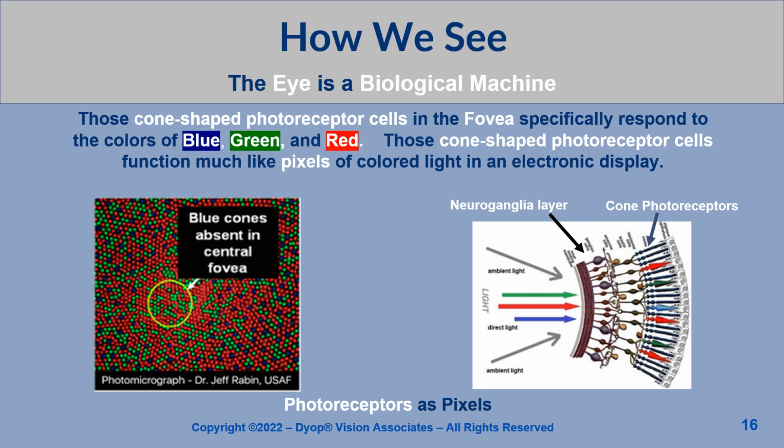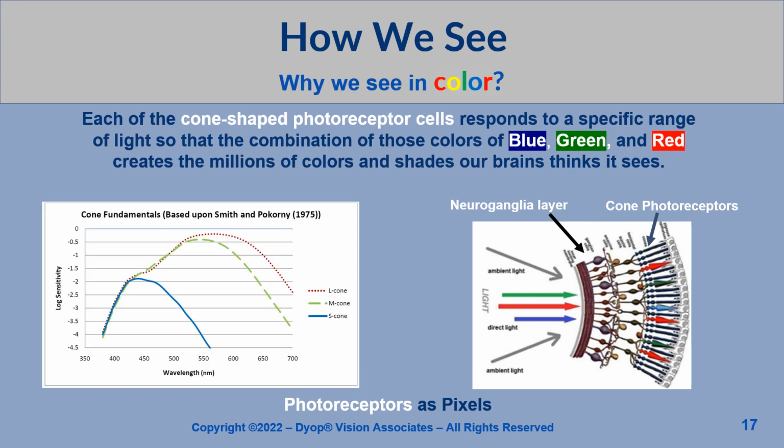Those cone-shaped photoreceptor cells function much like pixels of colored light in an electronic display. Each of the cone-shaped photoreceptor cells responds to a specific range of light so that the combination of those colors of blue, green, and red creates the millions of colors and shades our brain thinks it sees.